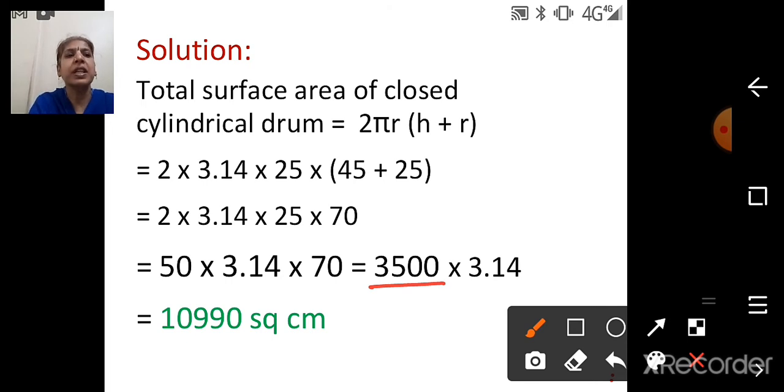Now you know that 3.14 has 2 decimal places, and here we have 3500, so the 2 zeros will go. So finally you multiply 35 with 314, because decimals have gone with the zeros. So the final answer you will get is 10,990 square centimeter. Whichever way you want, you have to multiply all these values and get the answer.